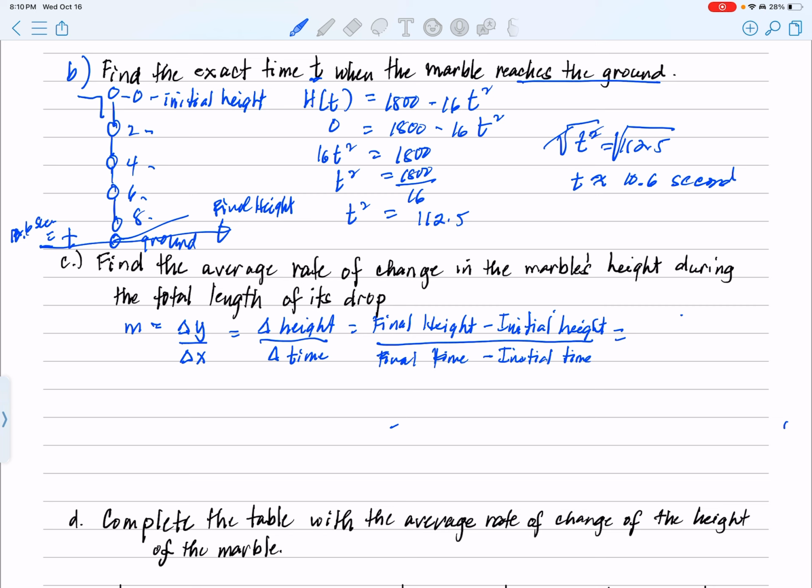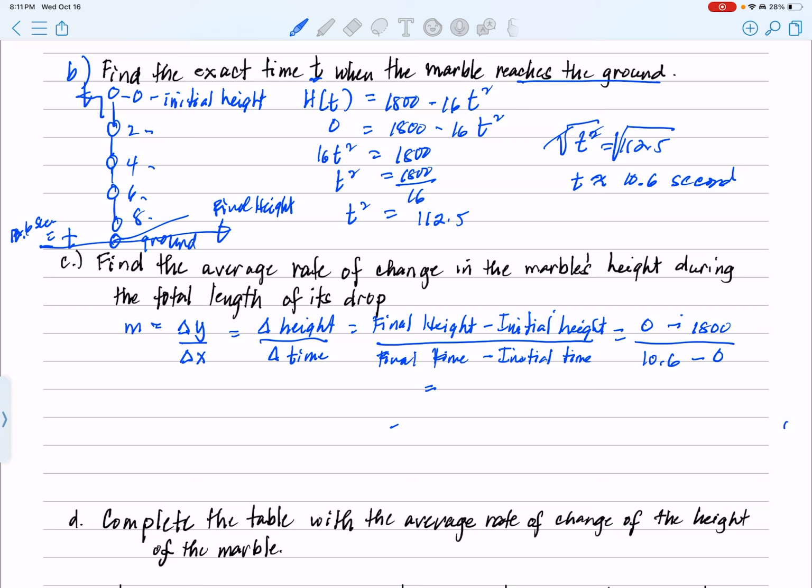Final height is 0 when it reaches the ground. And the initial height is 1,800 at the top. Then final time, when it reaches the ground, it's 10.6 seconds. And when it is at the top, the time is 0.